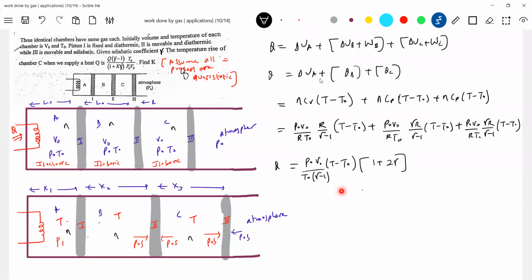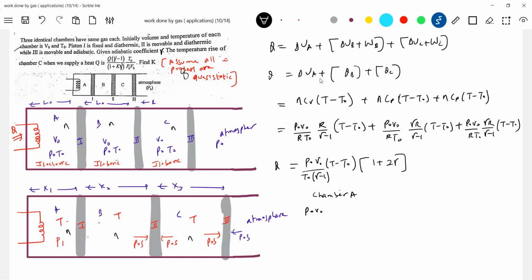I'll jump into the problem like this. What will happen to the total number of moles of the gas? In each chamber, we'll go for chamber A. In chamber A, what is the equation we can write?